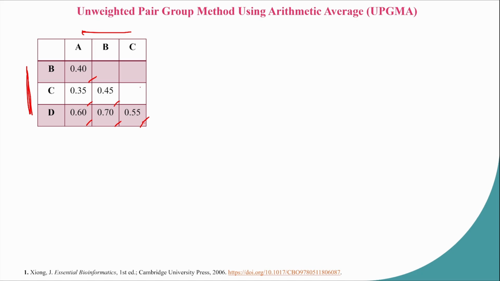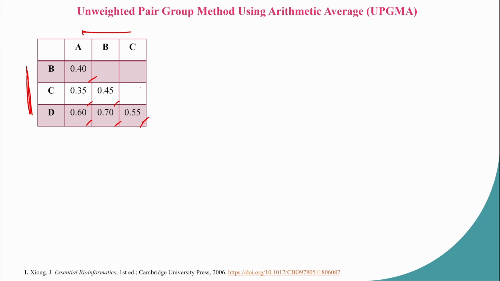So between which of these four unique taxa can we place the first node in the construction of the phylogenetic tree?